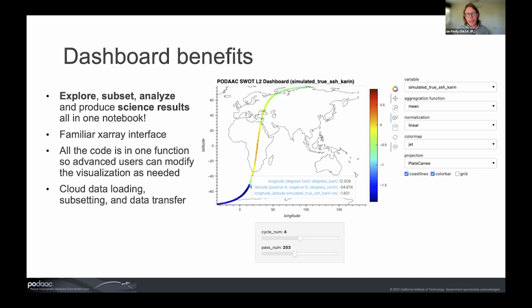But what the screenshot allows you to do is move through the different tracks, the orbital tracks, the different passes of the overpasses, and to zoom into areas of interest, and then to quickly from that area of interest subset out whatever variables you want. So this is a nice pass because it shows how far north the SWOT data goes, which is just about 78 degrees.